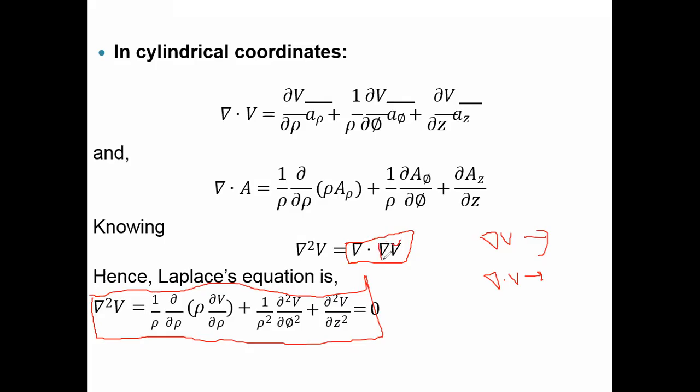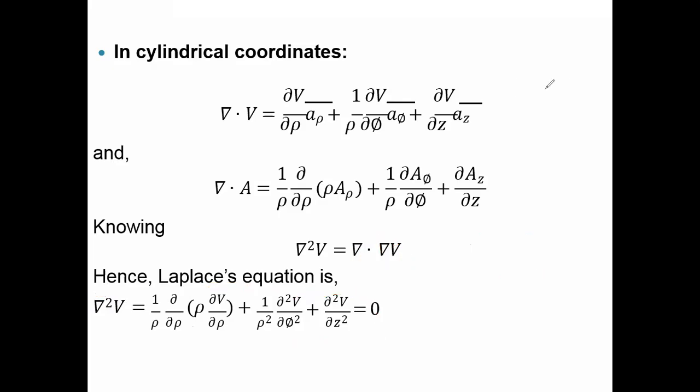If you take its gradient, this will be a vector, and again if you take its divergence, then finally it will be a scalar. If you know these three things, that Laplacian is divergence of gradient, then you may derive also. It is up to you. But if you remember, that will save time. So the Laplace equation in the cylindrical coordinate system is given like this.